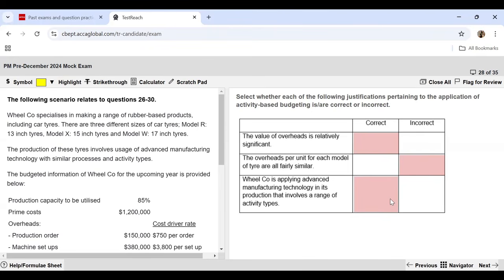So if you are using a more complex costing method of accounting for overheads, this will definitely be more appropriate for wheel company, because the more complex it becomes, the more the need arises to use sophisticated methods like activity-based budgeting. We are going to mark this as correct.